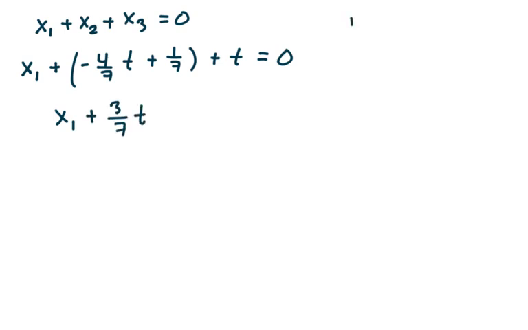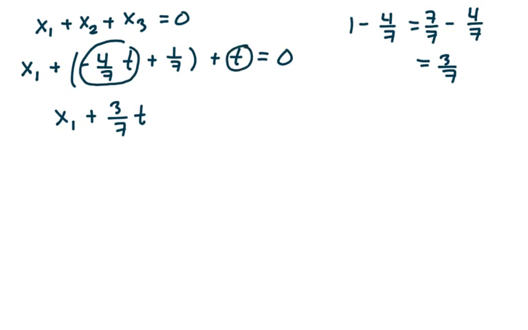So let's just remind ourselves, 1 minus 4/7 is 7/7 minus 4/7, but that's 3/7. And so I just took this term and this term and combined them. Then I'm going to add 1/7, set this to 0. So x1 is negative 3/7 t minus 1/7.